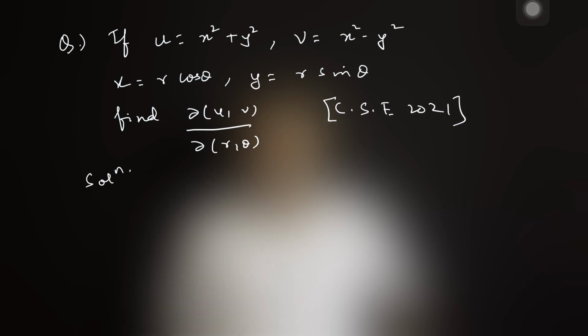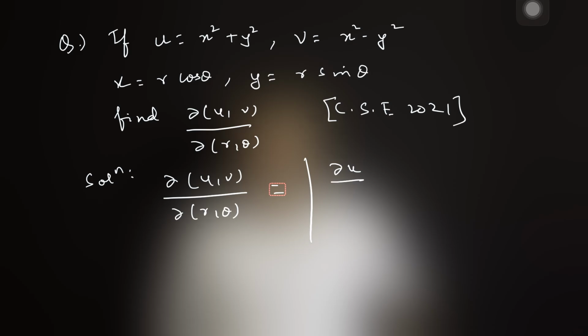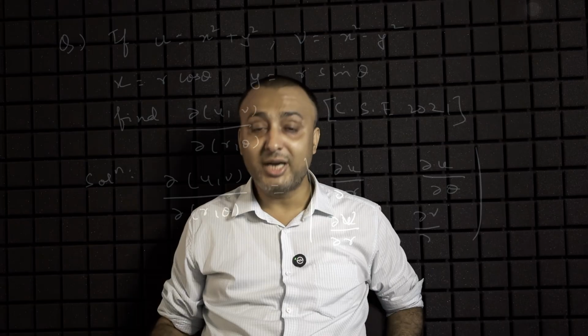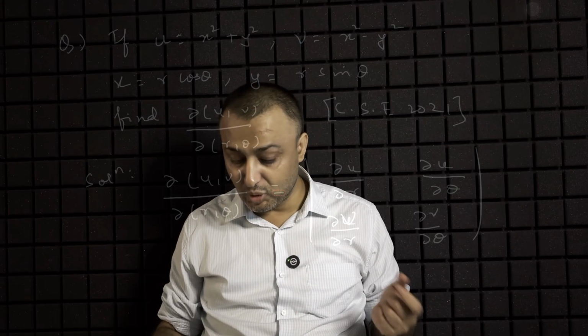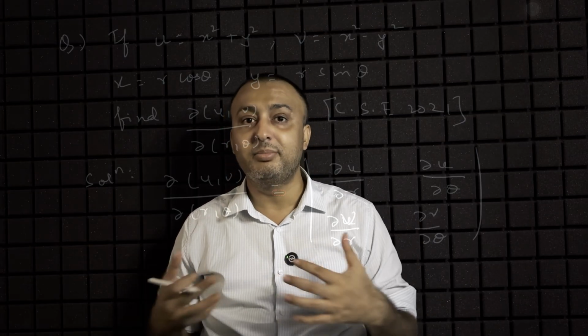So, I can write ∂(u,v)/∂(r,theta) is equal to the determinant of ∂u/∂r, ∂u/∂theta, ∂v/∂r, ∂v/∂theta. Now, I do not have a direct linkage between u and r, so I need a bridge.